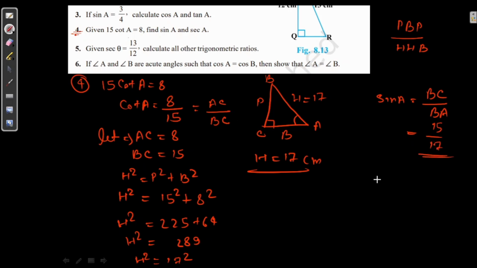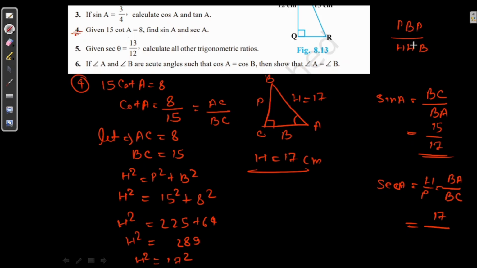That is our answer. Now I have to find sec A. Look, sine, then cos is B by H. Sec will be H by B. I wrote P, perpendicular, which is BC, but that is a silly mistake I have made.